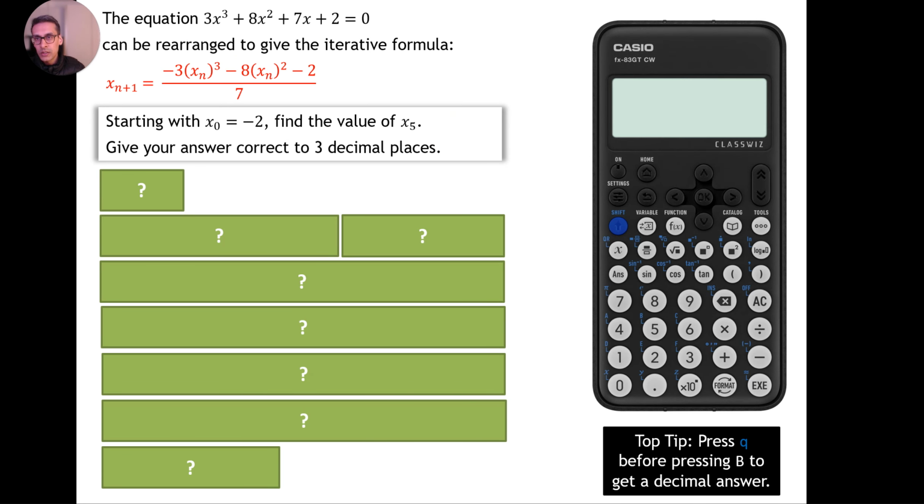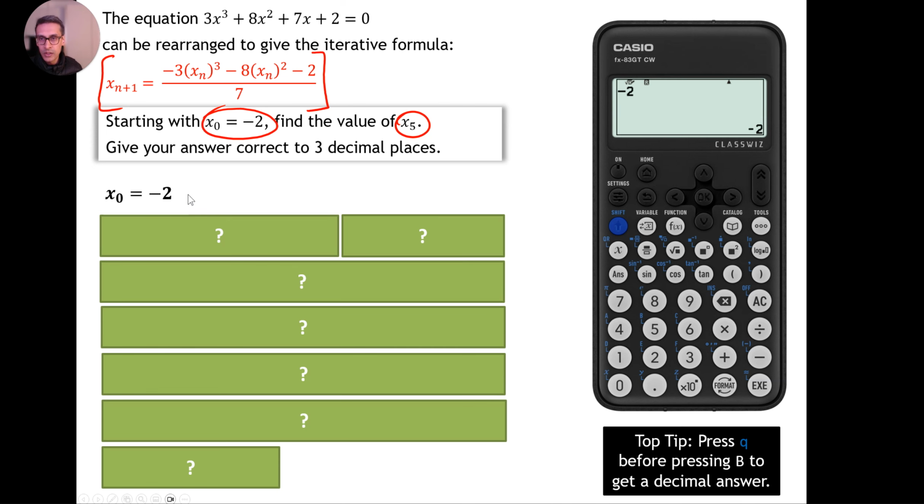So here's a second question for you to practice. Pause the video and have a go, and remember it's asking you to work out all the way up to x5. In red is your iterative formula, and you're going to start with x0 equals -2. Okay, so here are the answers. Pause the video if you need more time.